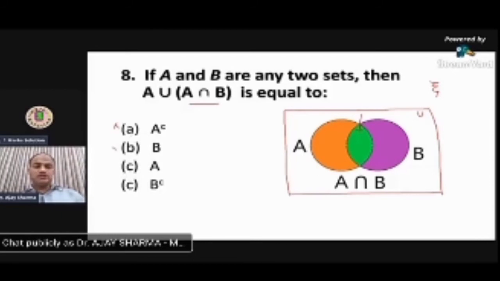This is also not possible. Now set A, look at this set A, it means this entire set. And when we take the union with the intersection, this also gives the same value. So it means our option C is correct. Clear, guys? Option C is correct.